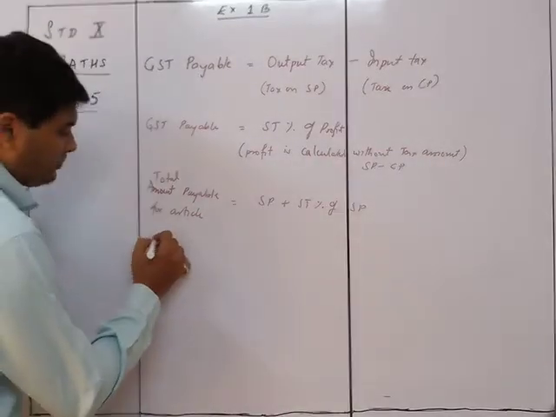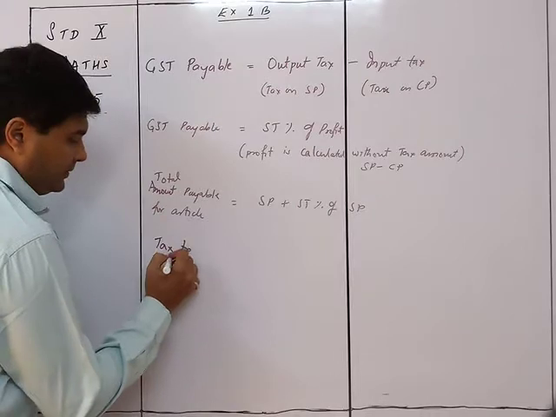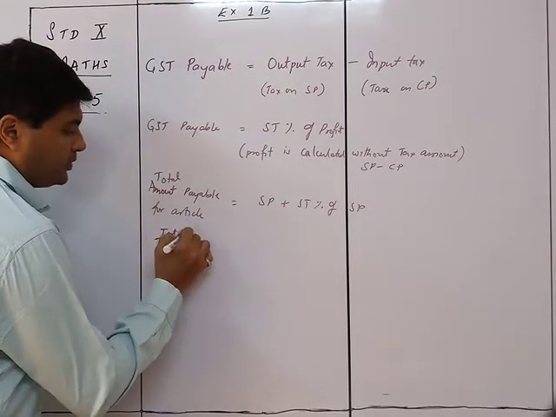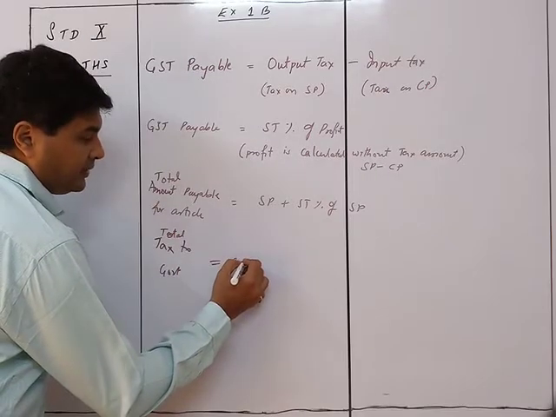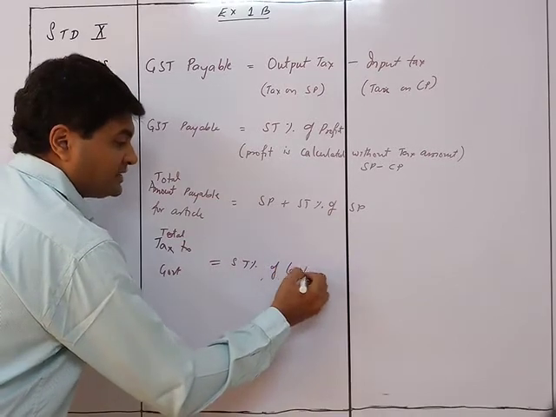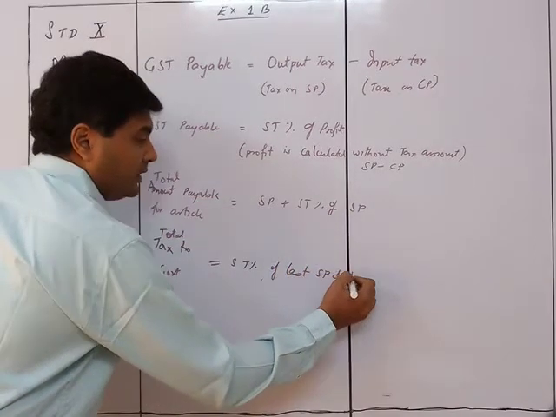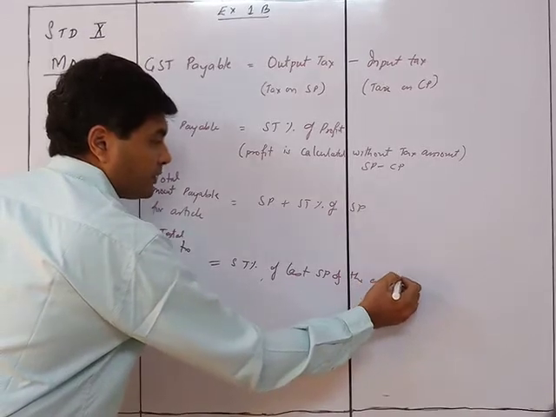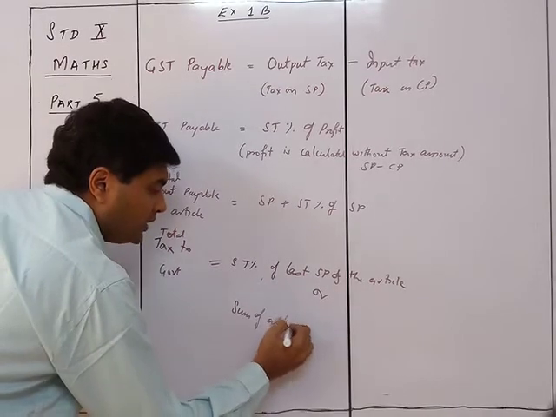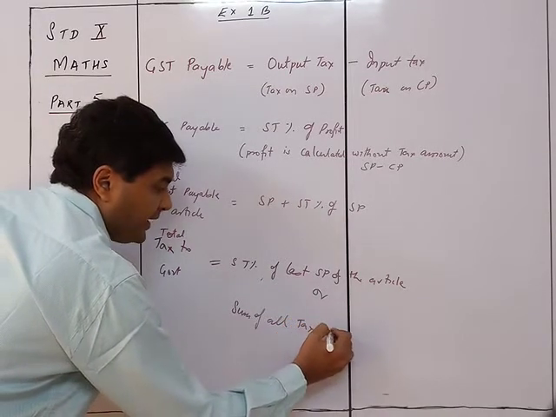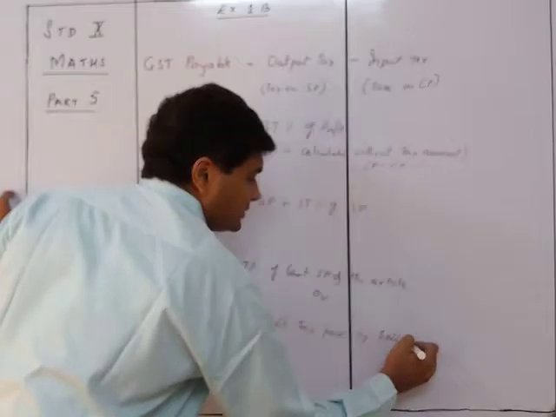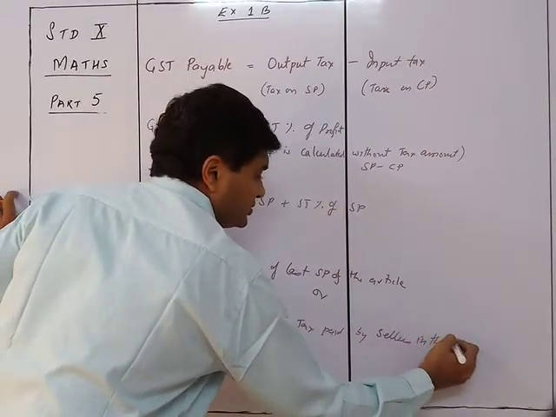And the total tax paid to the government will be ST% of the last SP of the article, or the sum of all tax paid by sellers in the transaction.